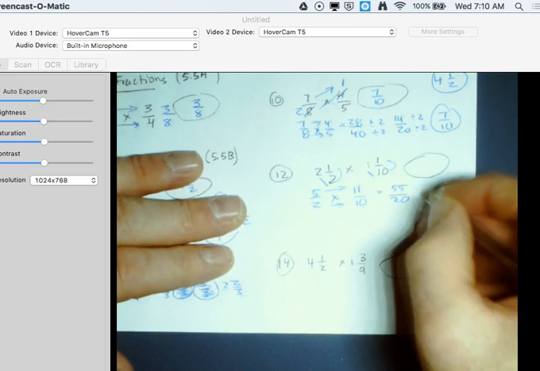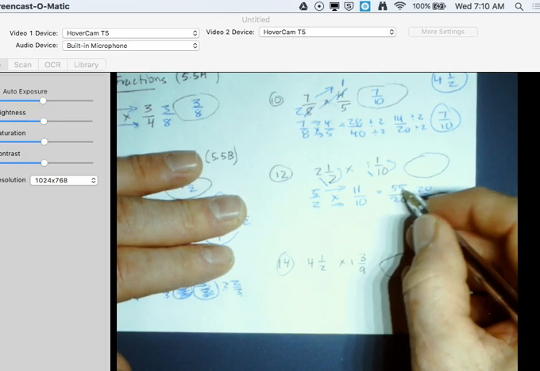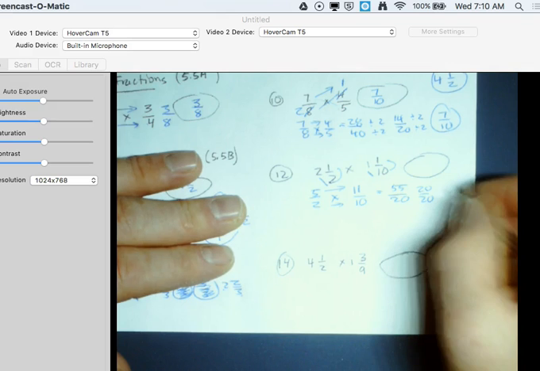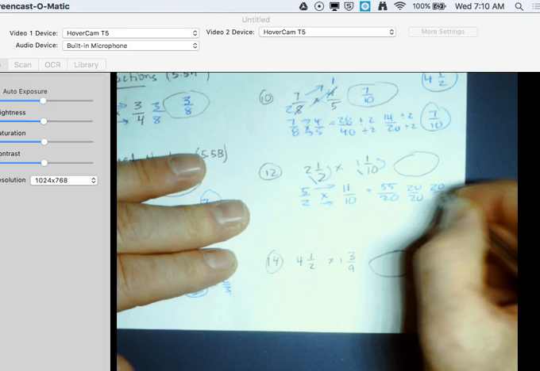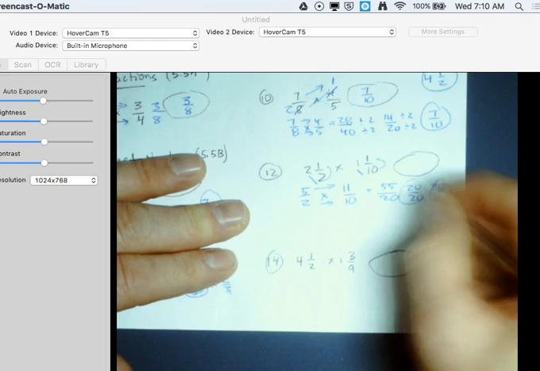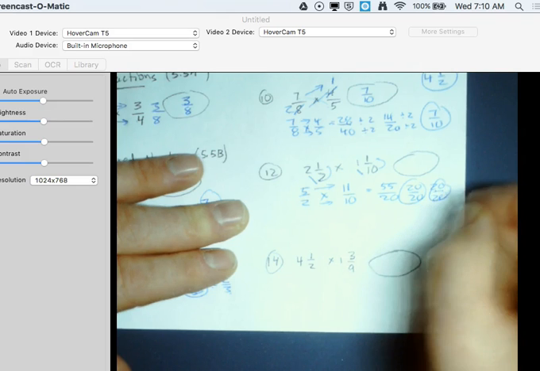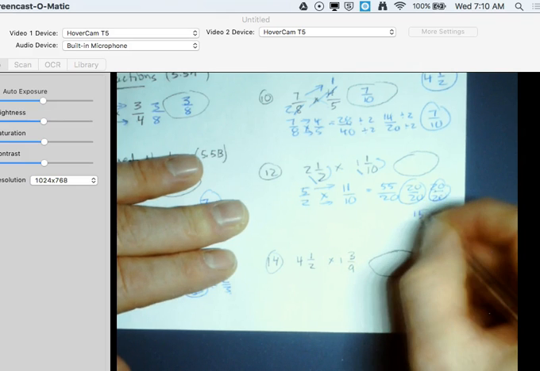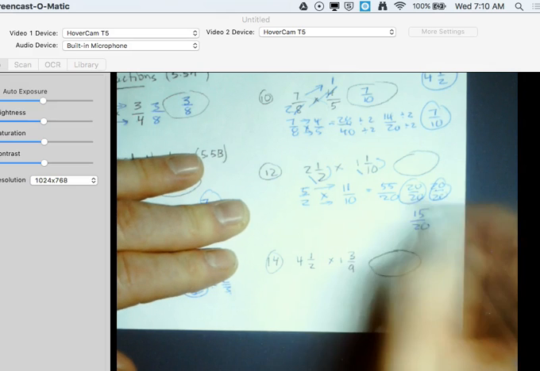And let's subtract this one out here. So I know that there are 20 pieces in a whole. So I'm going to take out one group of 20. That's going to leave me 35 left. I can still take some more. Take out another group of 20 there. So here are my wholes. So now I've taken out 40, and I have 15/20 left. So I've got these 2 wholes I took out.